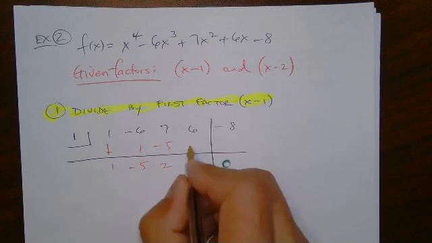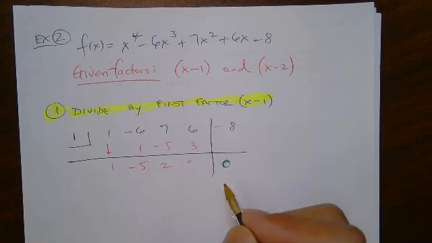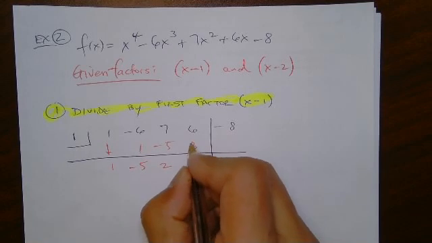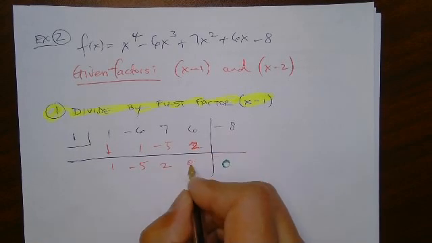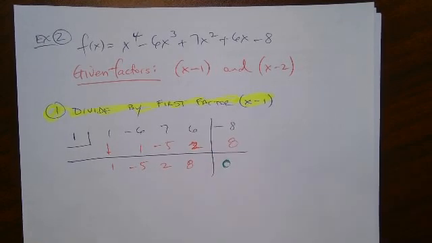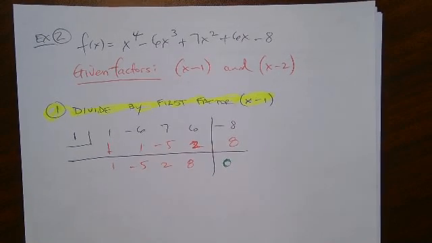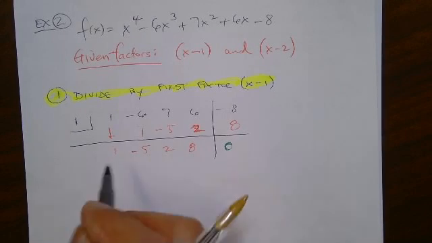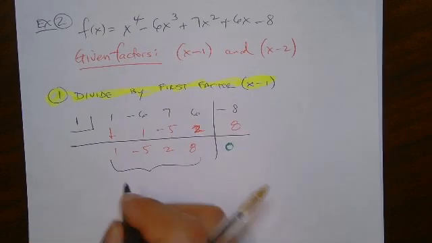Anybody get that already? Got remainder 0? Okay, so you should have 1, negative 5, 2, 8. Oh, what? I messed up. 1 times 2, I put 3. It's 2. 8, 8. Okay, I would not have got a 0 if I had made that mistake.